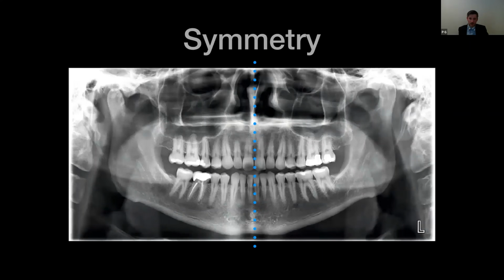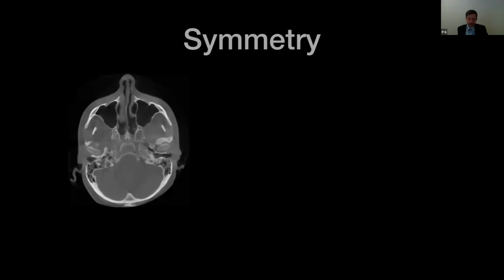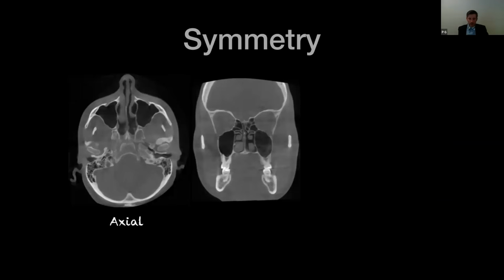So just because it's out of the region of the teeth, and we see all of this other anatomy besides the teeth, if we just check for symmetry, do the condyles look the same on the patient's right as the left, for example, then we can quickly pick up on differences. And it's the same thing with cone beam. So if you go through your axial and your coronal slices, you can compare both right and left sides.